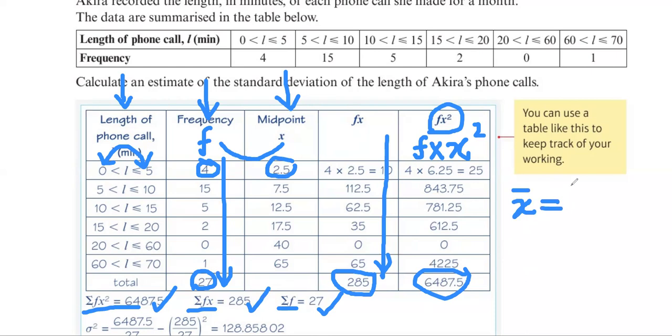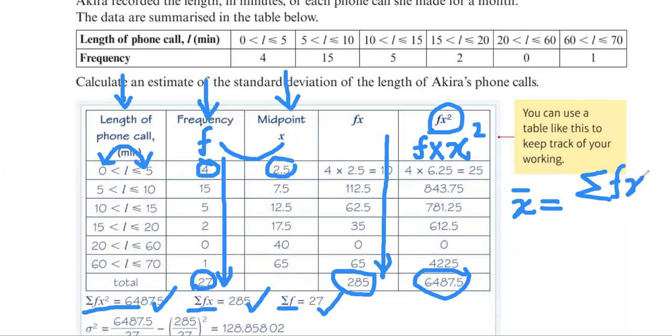Nashaya, can you tell me what is the equation to find x bar? You add everything and divide by the number of values. Add everything means you have to add the x values.